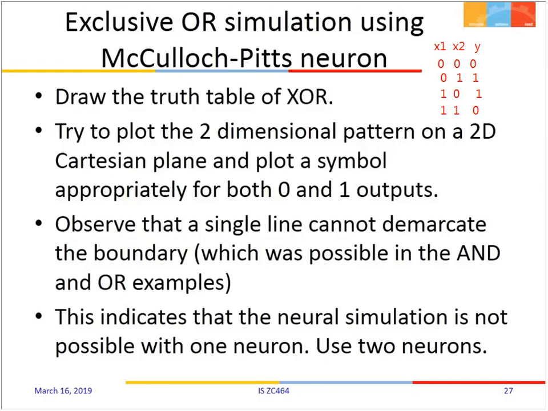Now, if you try to plot it on a two-dimensional space, can you plot? I would expect that you plot it on the two-dimensional space. Represent the 0 class as a cross and represent the class 1 as a circle. Can you do that?